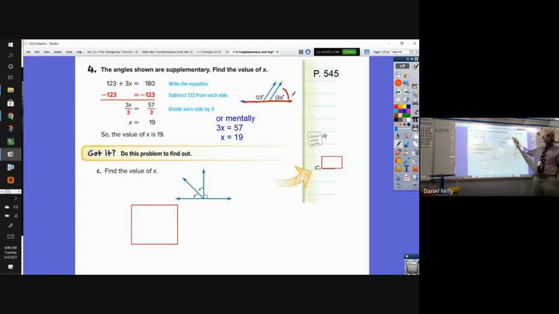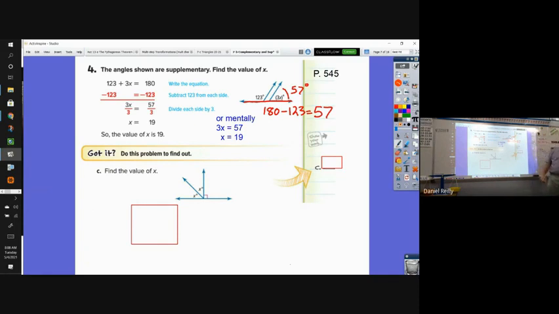If they are supplementary, then I do 180 minus 123, and that equals 57 degrees. So this angle is 57 degrees. If that's 3 times x, then x has to be 19. Divide 57 by 3.